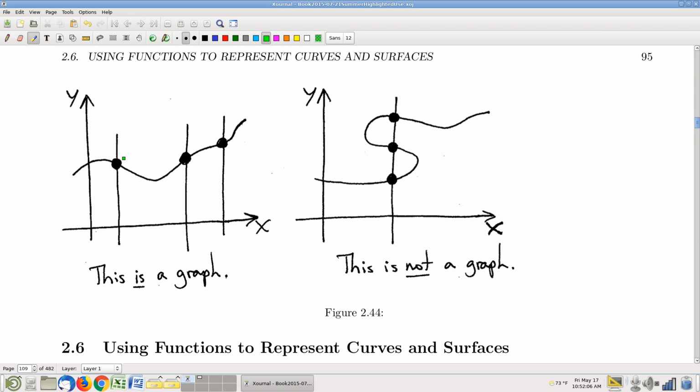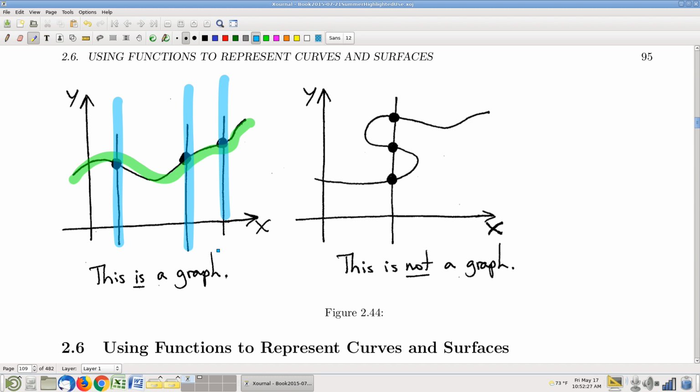I hope everybody remembers the vertical line test. So this curve here is a graph. By virtue of the fact, or let's say we can see that this is a graph because it passes this vertical line test. Do they still call it this in high school or whatever? Okay.